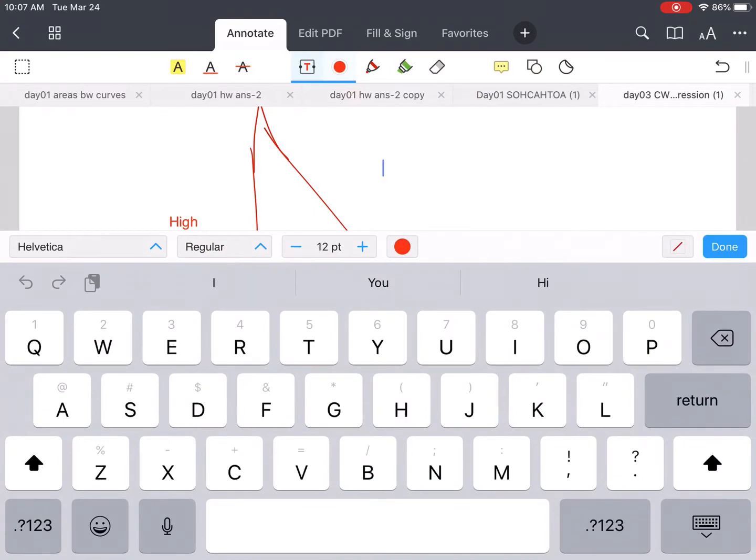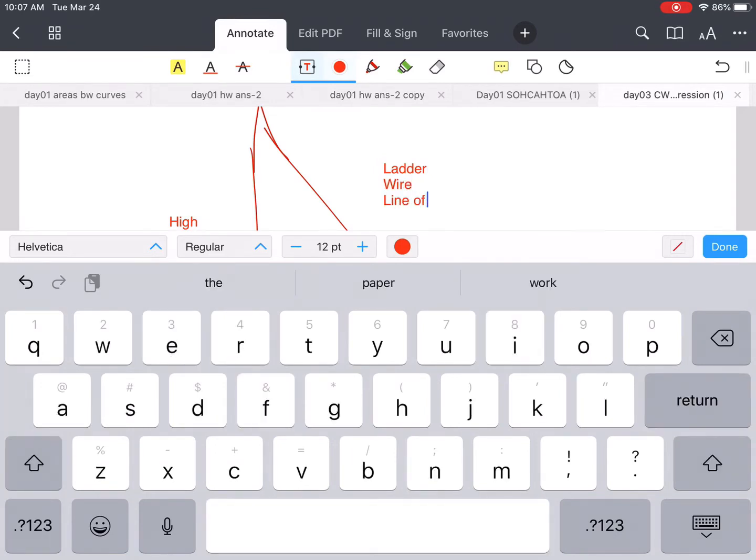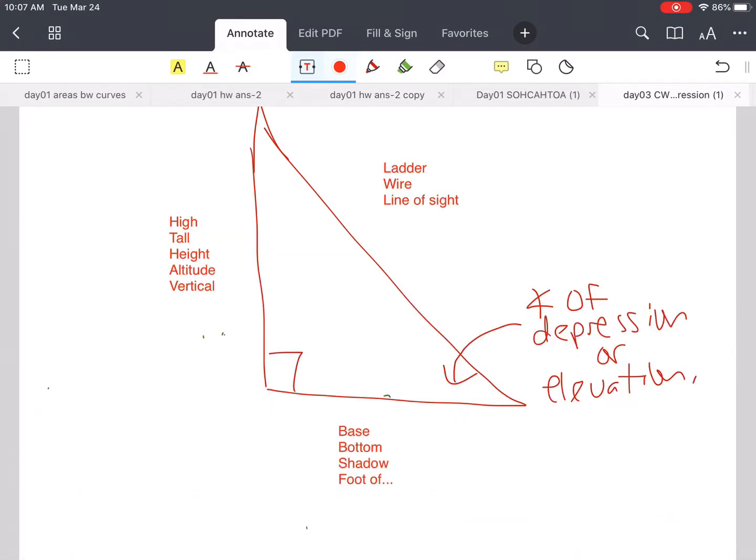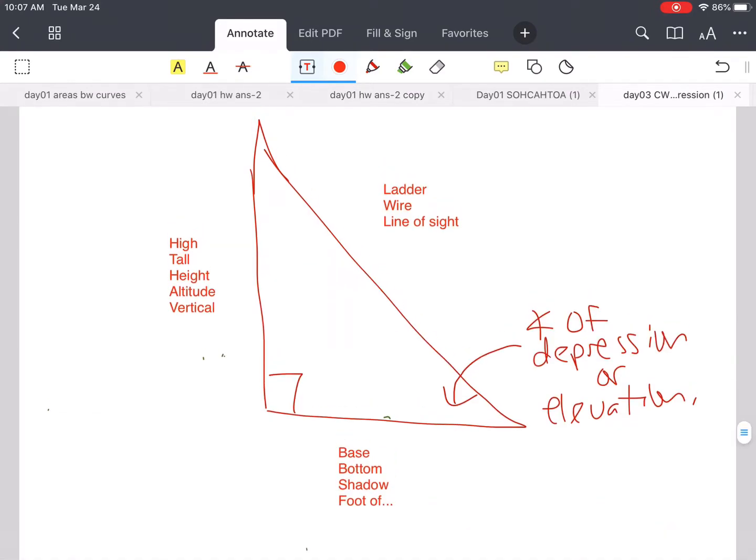I'm just getting you started with some of them. So this one is usually the hypotenuse. It's sometimes the length of a ladder or of a wire. It's the line of sight. And there's more, but like I said, we can just add to that.